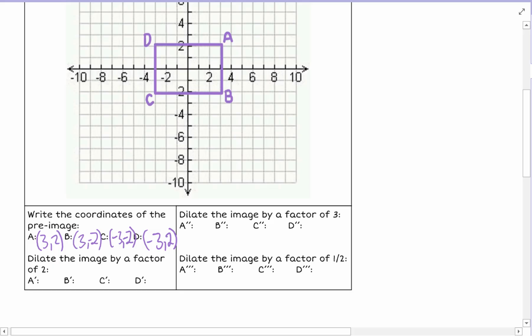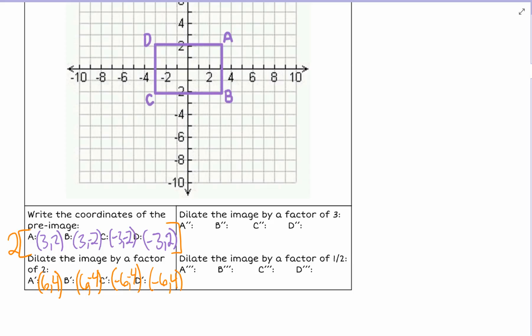Okay, that means we need to take every single coordinate point and multiply it by 2. (3, 2) multiplied by 2 will be (6, 4). (3, -2) multiplied by 2 is (6, -4). 2 times (-3, -2) would be (-6, -4). And 2 times (-3, 2) is (-6, 4).